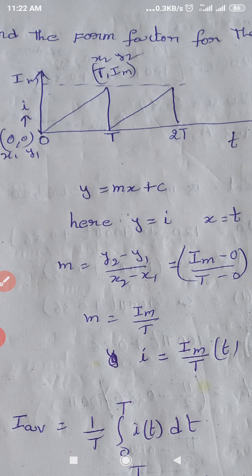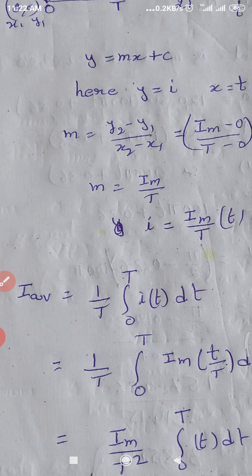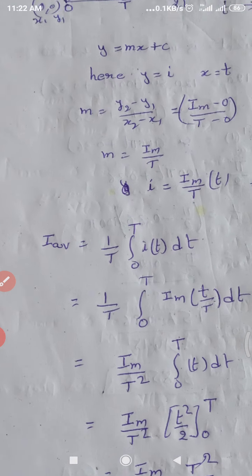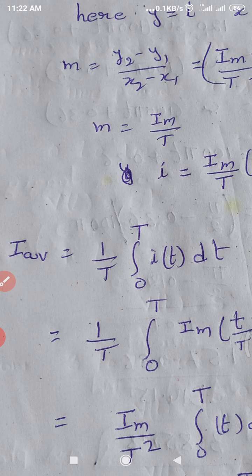Why? Because form factor is expressed as RMS value by average value. So for finding the form factor we must find the average value and RMS value. How can we find this average value?